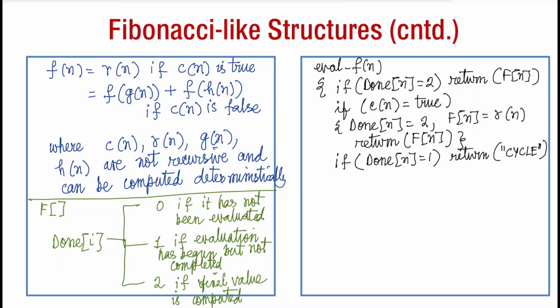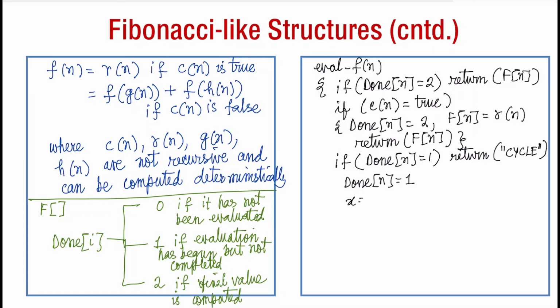That means we have gone into a cyclic loop, and if that is not the case, then you begin your evaluation steps. Till now it is not 2, it is not a base condition, it is not 1, so done n is 0. This is what done n is initialized to at the beginning for everybody.